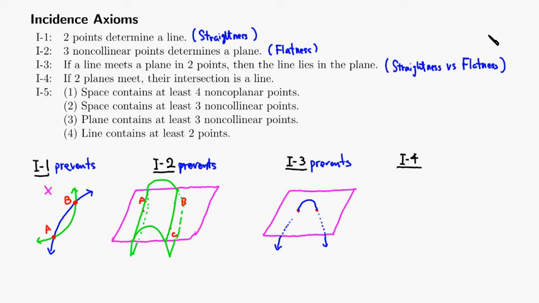All right. How about I4? It says that if 2 planes meet, their intersection is a line. So 2 different planes meet in a line. Basically what it's saying is that when you combine 2 flat objects, flat plus flat is equal to straight.